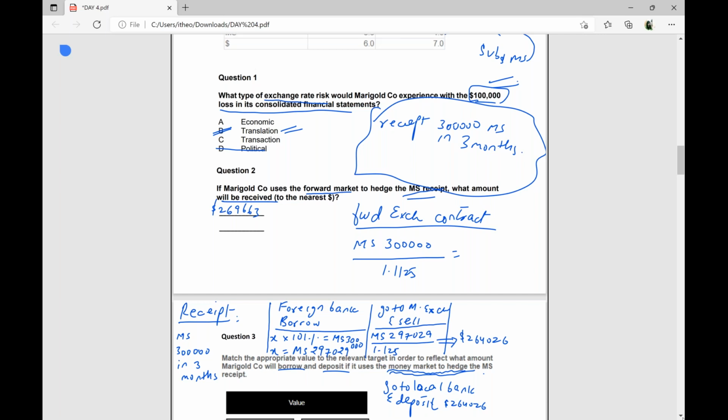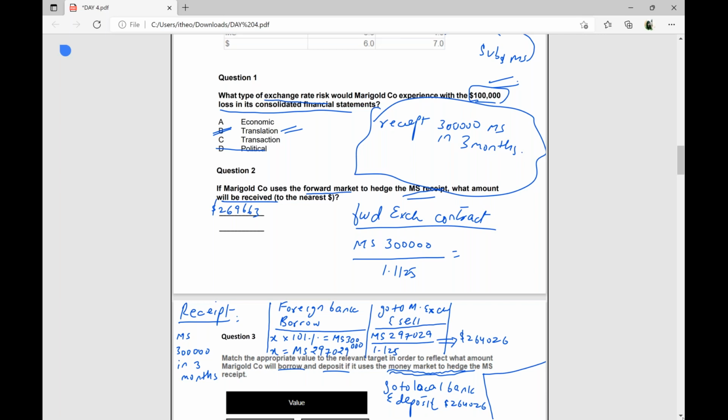You borrowed less, 297,029, so that after charging interest for 3 months, it will become 300,000. Then you go to the money changer and sell this currency. Your home currency is the US dollar, so at the selling rate of 1.125, you got dollars. Go to the local bank and deposit dollars.